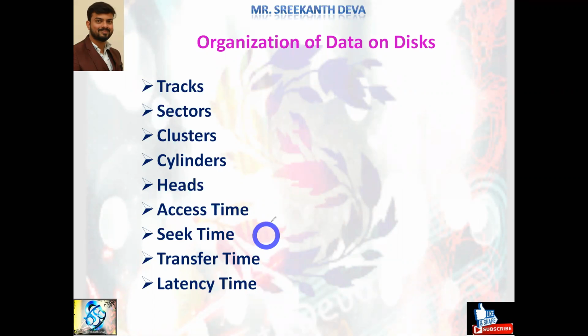I explained the organization of data on disk, like various tracks, sectors, clusters, cylinders, heads. What is access time? What is seek time? What is transfer time? And what is latency time? So this is the completion of our memories.